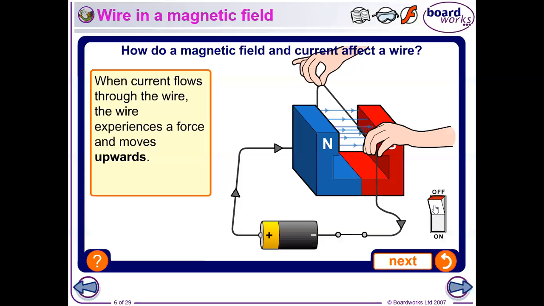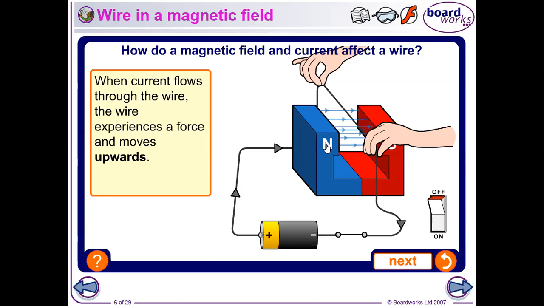Now, here we're moving on to the motor effect. So, what we've actually got then is this is our current carrying conductor. Our current carrying conductor will have a magnetic field around it that's at 90 degrees to it. Now that magnetic field will interact with the magnetic field of the magnet.